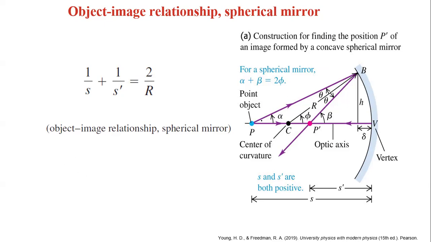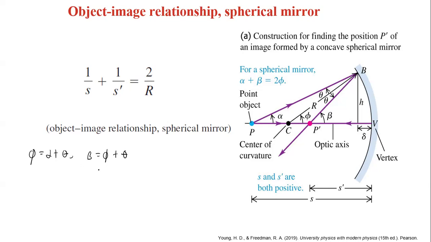So if you have this triangle P, B, and C, it has an exterior angle of phi. This is equal to the sum of the two opposite interior angles, which is alpha and theta. Another one, beta, is equal to phi plus theta.